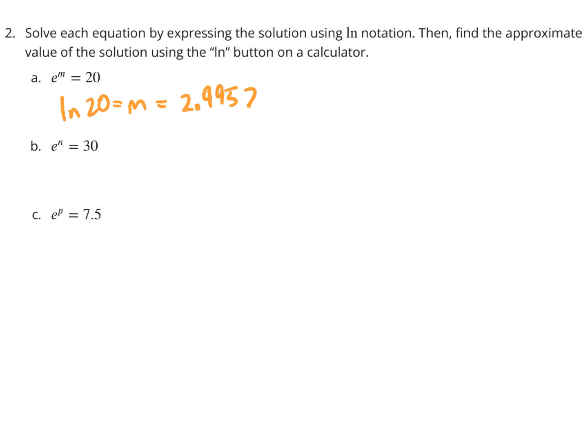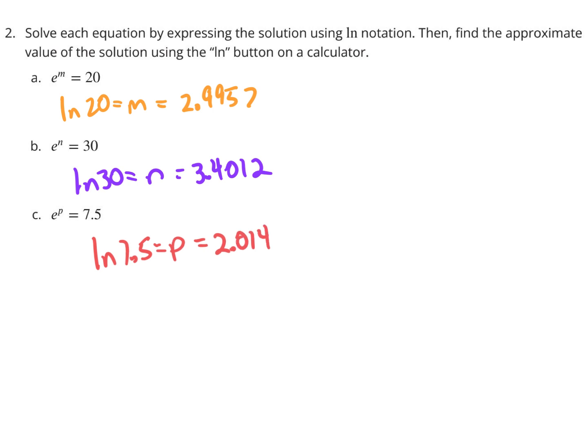We're going to round to 4 decimals. ln 30 equals n, which is 3.40119, which changes to 2. And finally, ln 7.5 equals p, which equals 2.01490. So that's 149. And these are the answers.